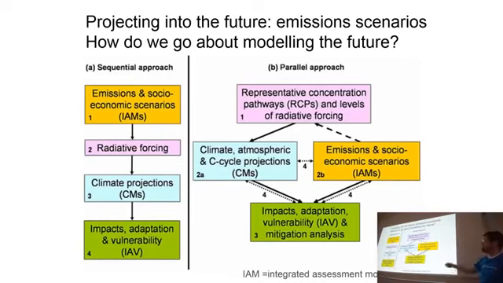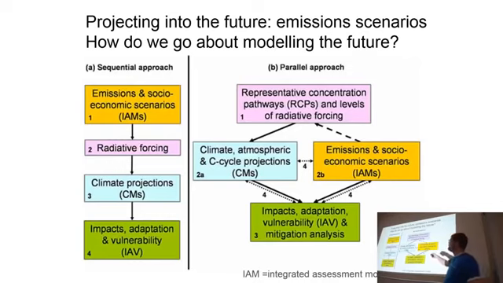Okay, so that's the way it used to be done, but we don't do it that way anymore. Rather than start out with a fixed set of policy decisions, we start out with some arbitrary amounts of radiative forcing. So are we going to force the climate to be very warm, not so warm, try and keep it at the same temperature?